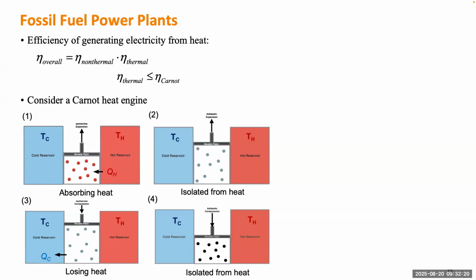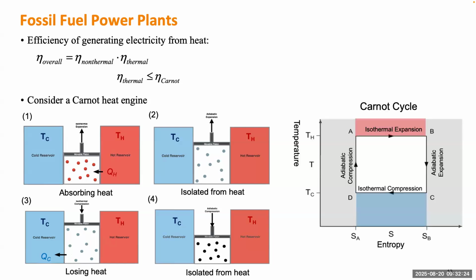So why do I make the four steps in such a way? Because if I visualize in this plane of the entropy and the temperature, each step is orthogonal to one of the two axes. So for instance, the first step is from A to B. The temperature will remain the same at high temperature, but entropy will go up.